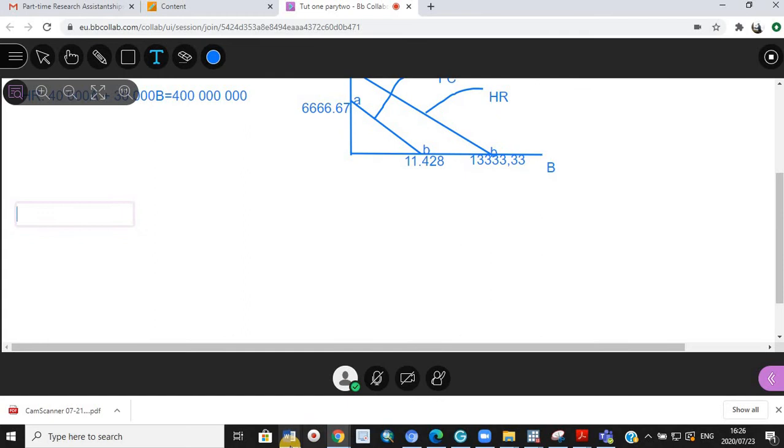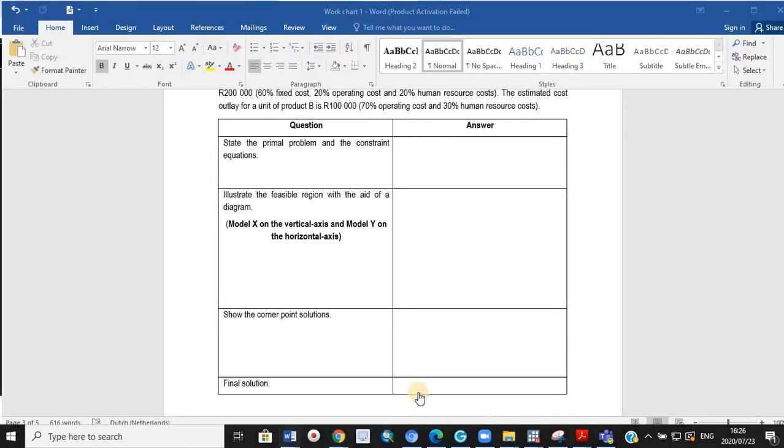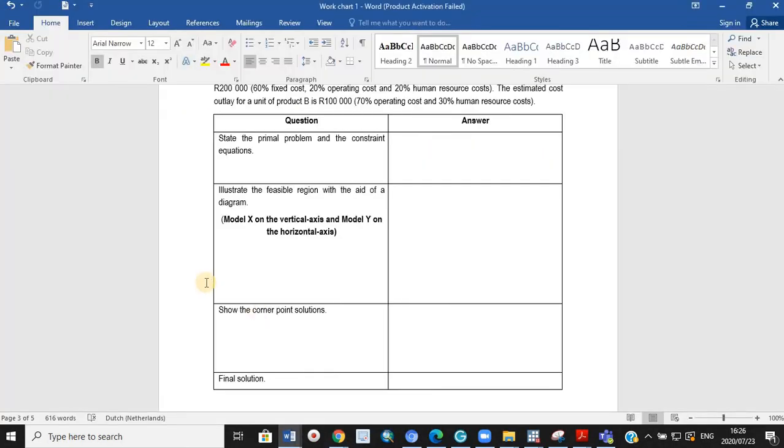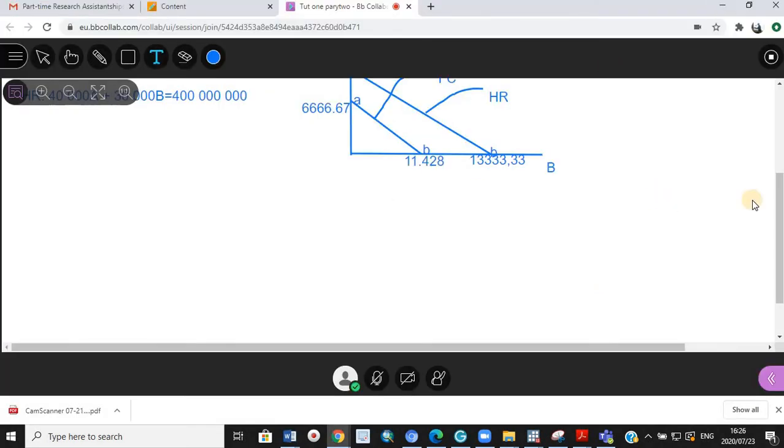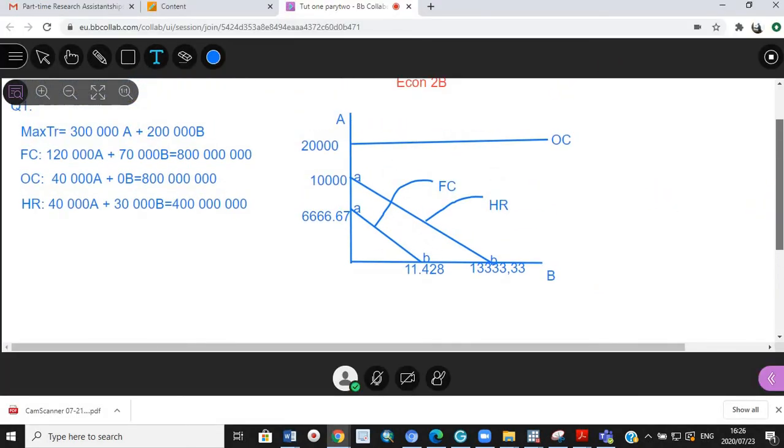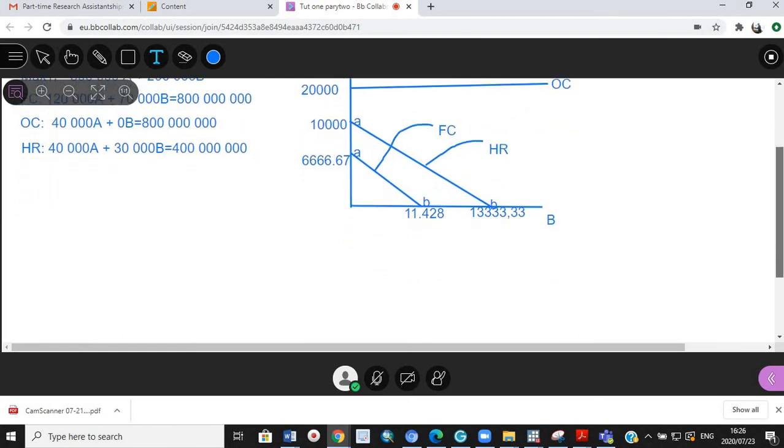All right, let's see. It says show the corner point solutions. All right, the corner point solutions are going to be in this way.